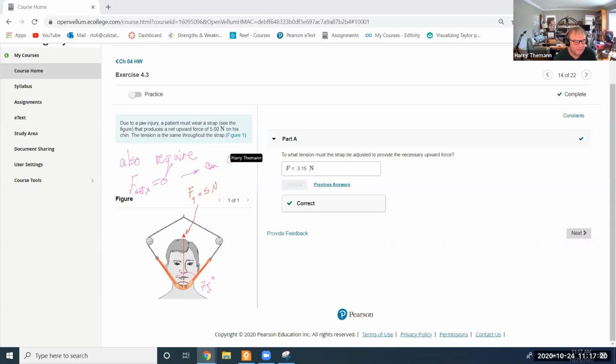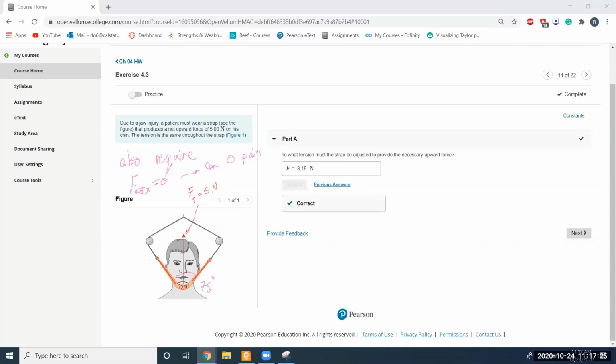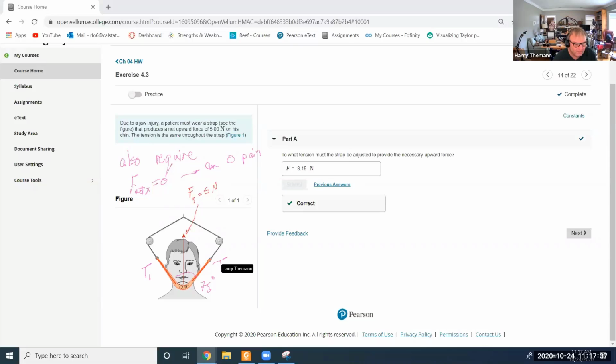We can't have any sideward force. So this is tension 1, tension 2. This means the magnitude of tension 1 in X has to equal tension 2 in X, so that they cancel each other in vector space.